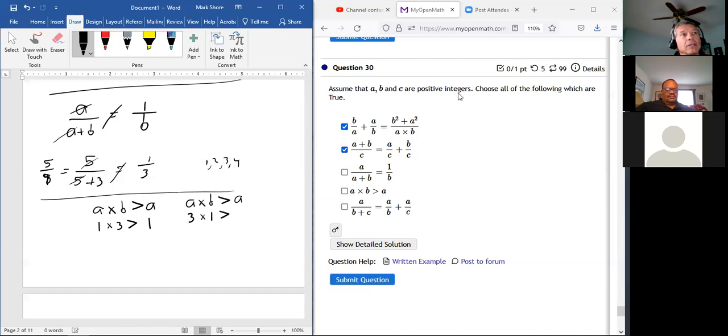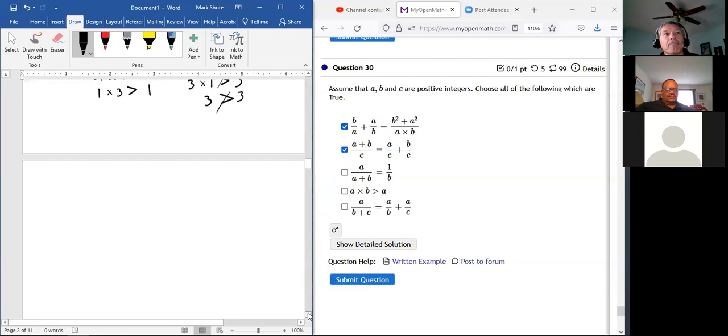Is that greater than 3? It isn't. 3 times 1 is 3, and 3 is not greater than 3. So I'll say no, this is not true. So this one is also not true. If it would have said, is this greater than or equal to A, we would have been okay. Or if they didn't allow the number 1 in there, we would be okay.